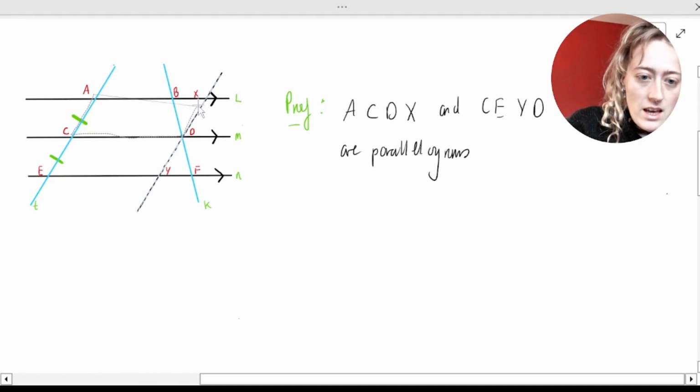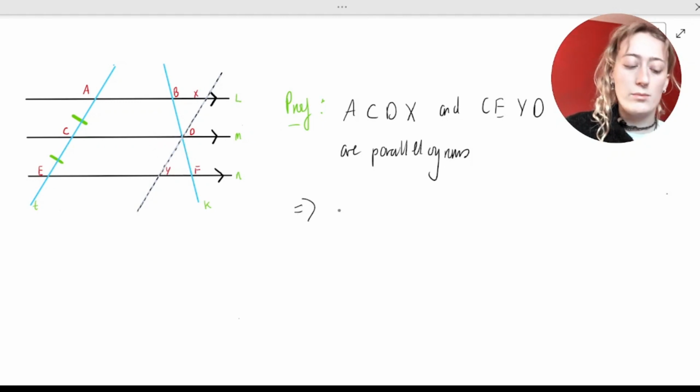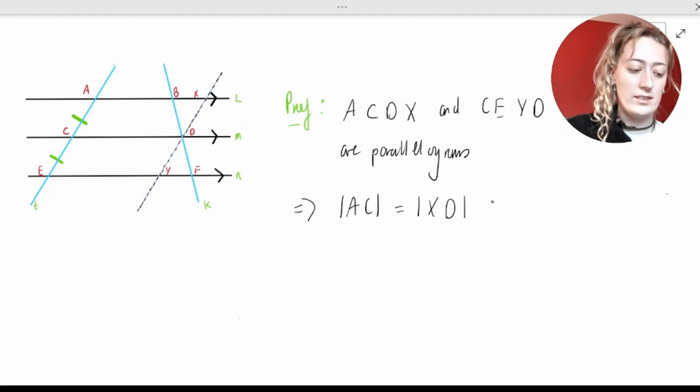ACDX, see how that forms a parallelogram, and CEYD also forms a parallelogram. Okay, and because of this, this symbol means this implies that AC is equal to XD, the distance between A and C is equal to the distance between X and D, and that CE is equal to DY.